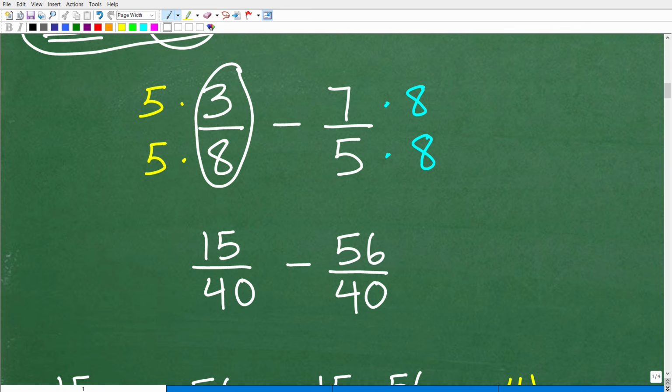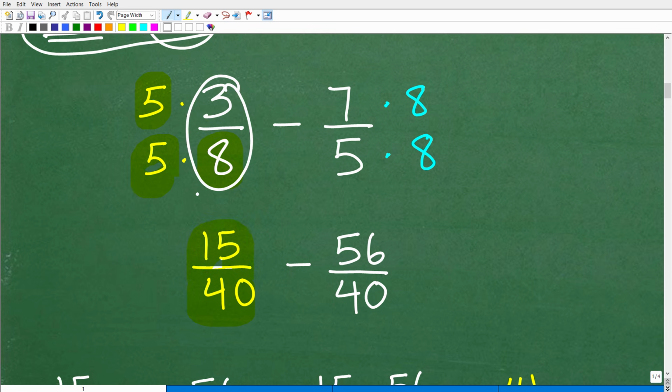This is one of our fractions. So how can I turn that 8 down here into a 40? Pretty easy. Just multiply it by 5. So 8 times 5 is 40. But if I multiply the denominator by 5, I've got to multiply the numerator by 5. So 5 times 3 is 15. So the fraction 3/8 is equivalent to the fraction 15 over 40.